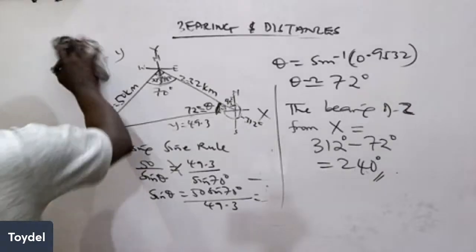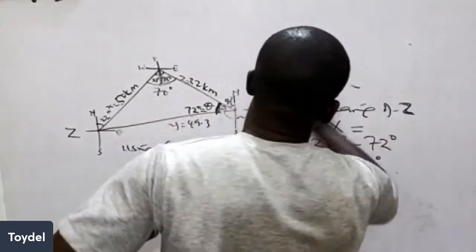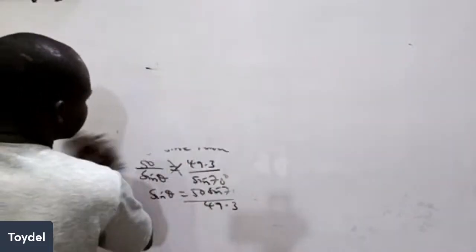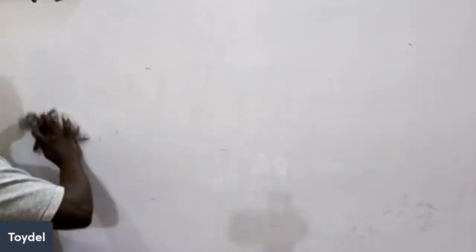You can have it in objective, you can have it in theory, under algebraic fraction. We do have it on a yearly basis. So let's quickly talk about algebraic fraction.